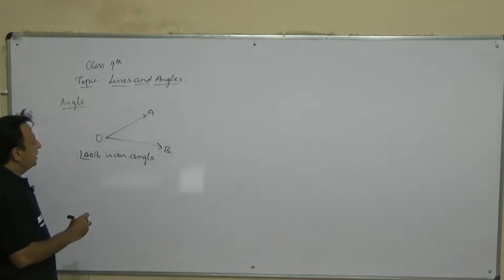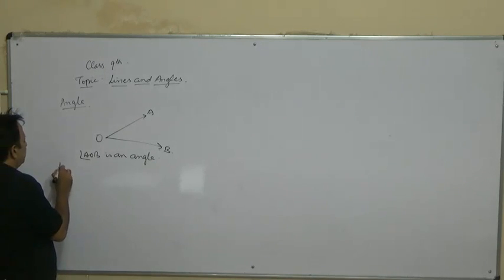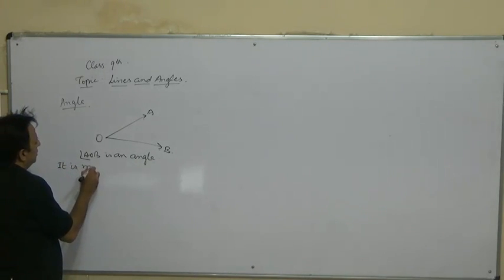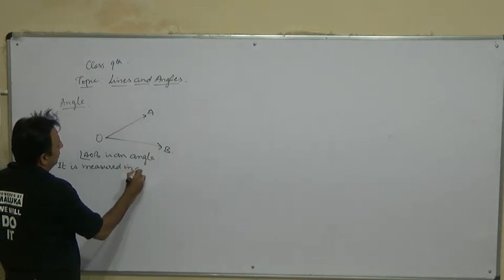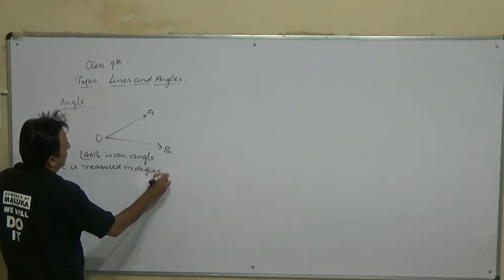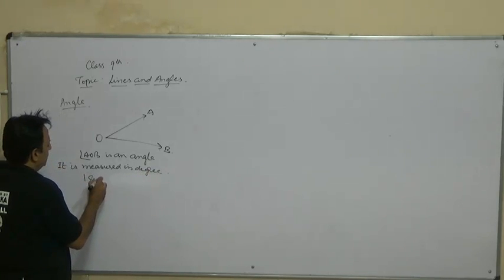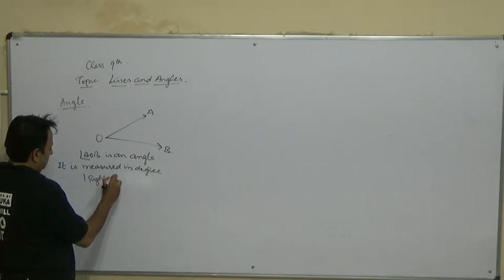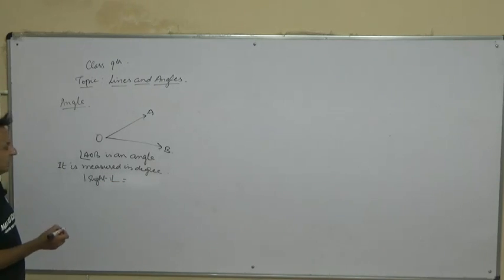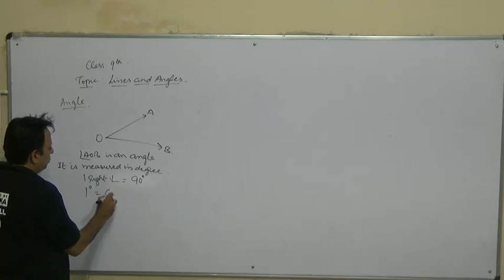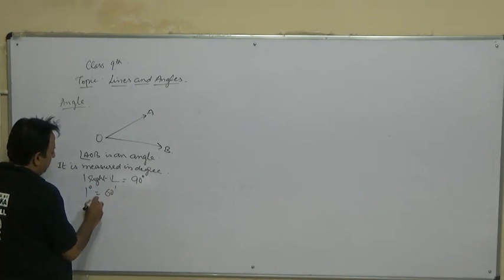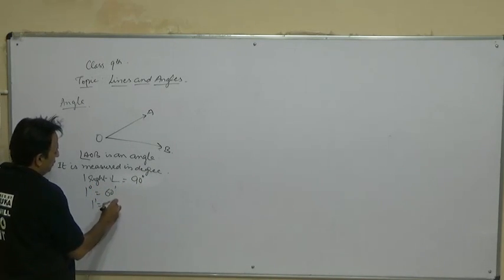And the angle is measured in degrees. So one right angle can also be noted by this symbol. This is equal to 90 degrees, and 1 degree is equal to 60 minutes, and 1 minute is equal to 60 seconds.